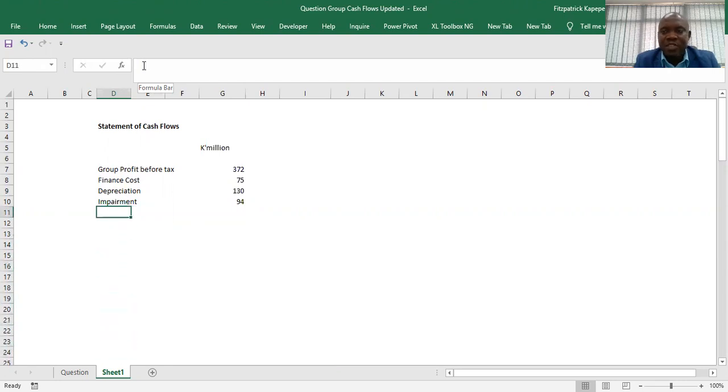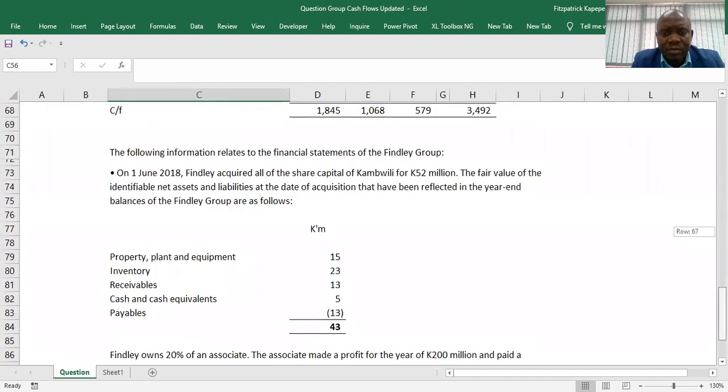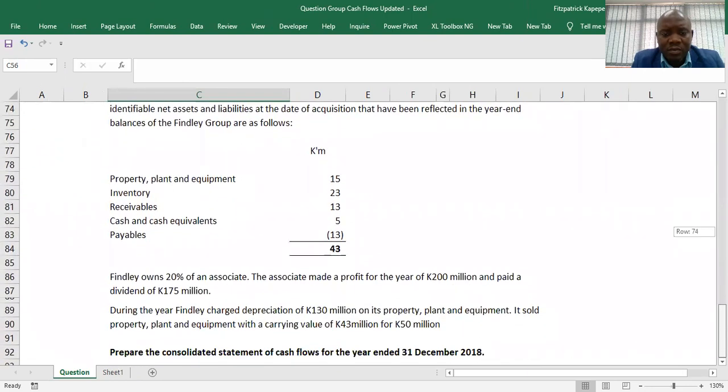Was there any profit or loss on disposal? Let me just check on the question. During the year, Finlay sold property, plant and equipment with a carrying value of 43 million for 50 million, meaning there's a profit on disposal.